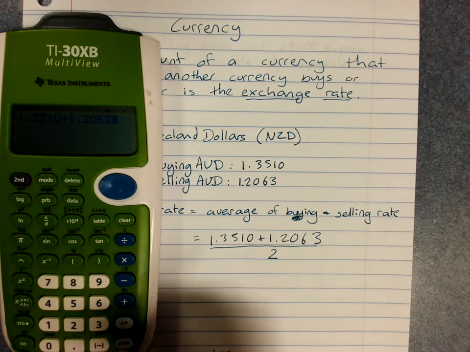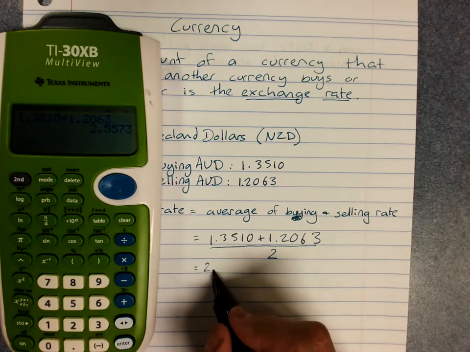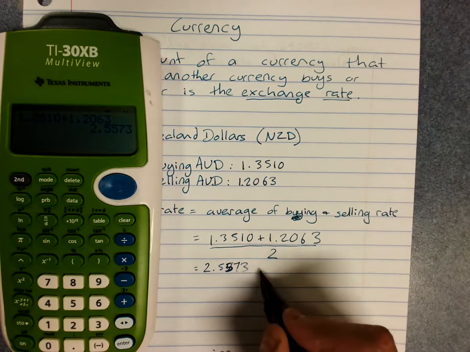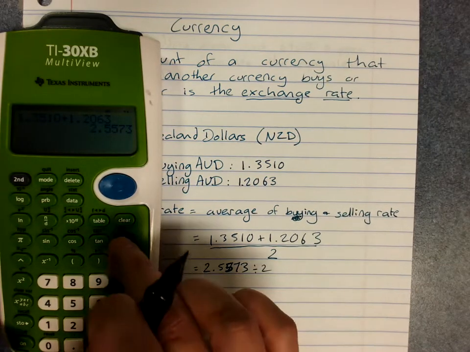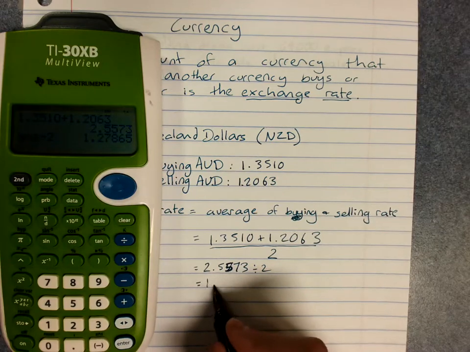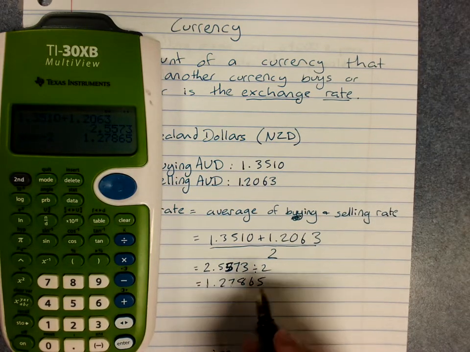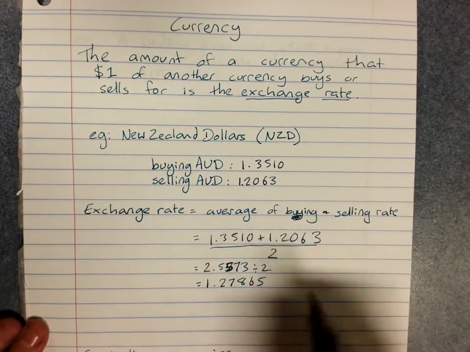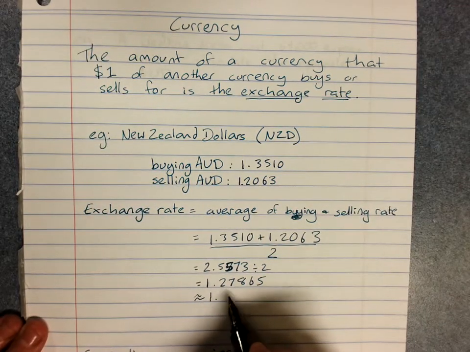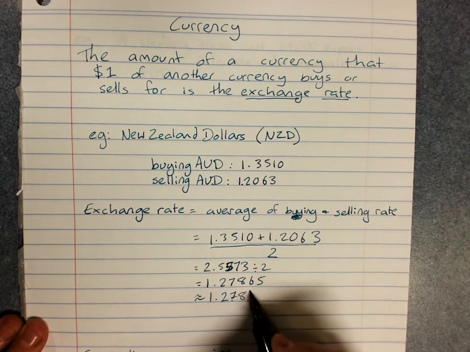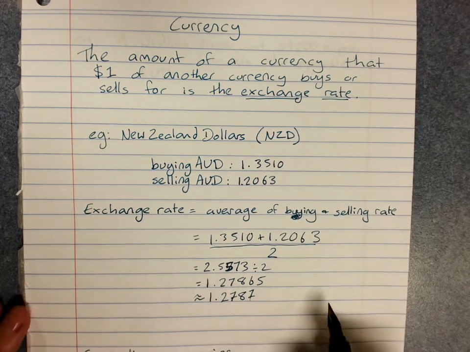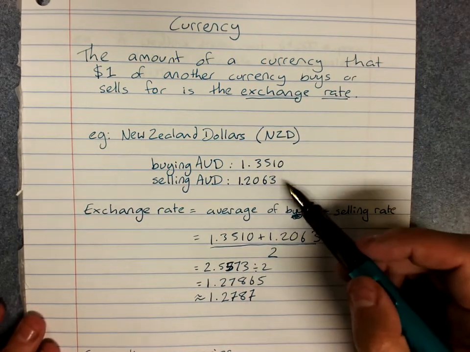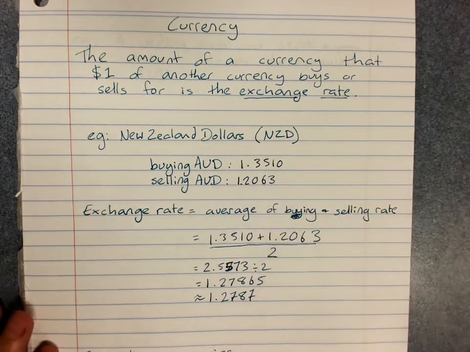That will be 2.5573, and dividing that by 2, we get 1.27865. Now have a look, they've given us 4 decimal places. That means we'd go to 4 decimal places, with a little approximately equals, for our average exchange rate of the buying and selling for New Zealand to Australian dollars.